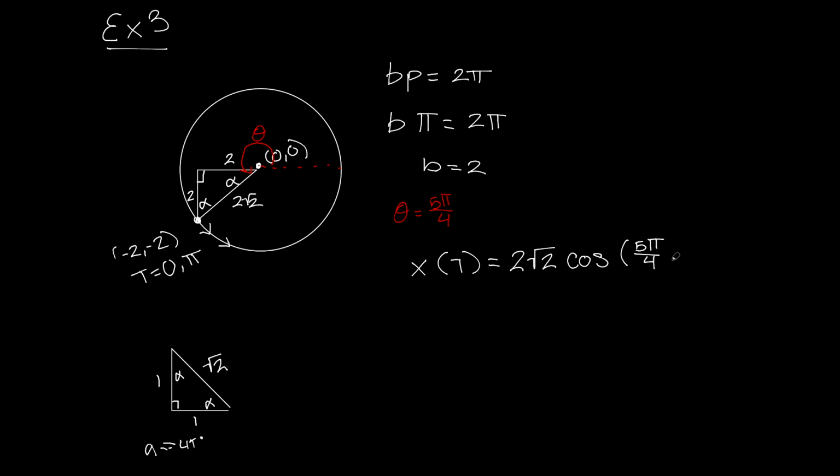And since we're going in the positive direction, going counterclockwise, we have plus 2t. And since our center point is still at 0, 0, we don't have to bother with that. And then finally, y of t is equal to 2 root 2, except it'll be sine, same 5 pi over 4 plus 2t.